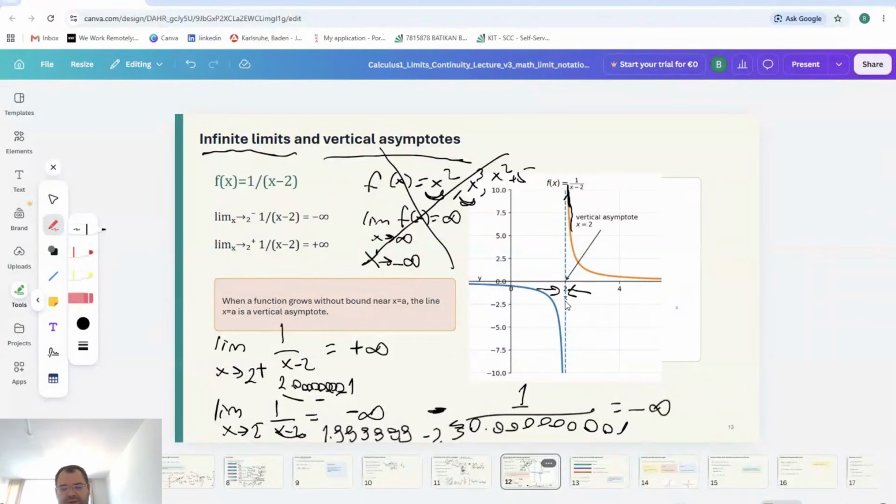You are approaching a certain x constant, and the function is going to plus or minus infinity. That means you cannot give that x value as an input parameter, because that makes the function undefined. But when you approach it, your y values go to infinity or minus infinity, and it becomes a vertical asymptote.